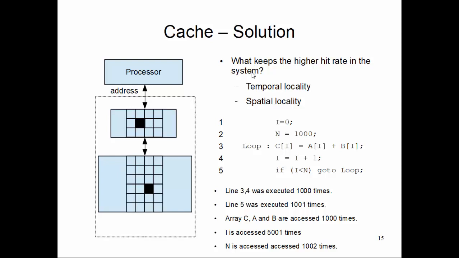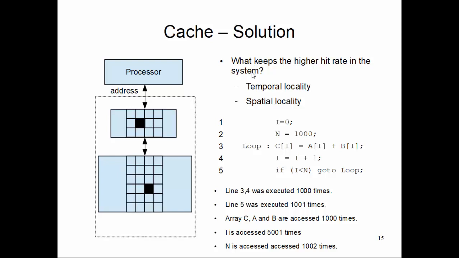For example, let's say you are looping through a variable I, in a for loop or a while loop. That means inside the loop you are accessing I over and over again.